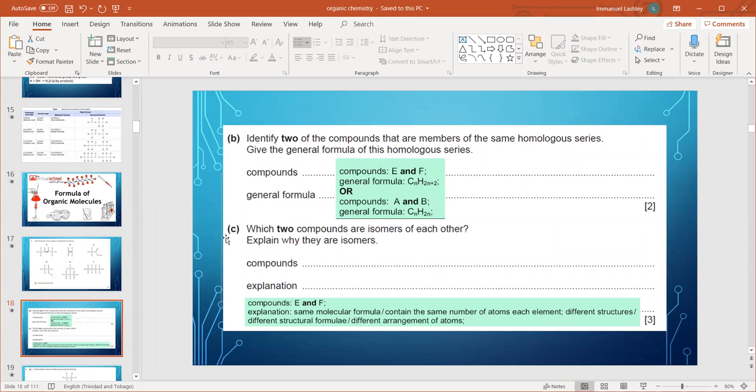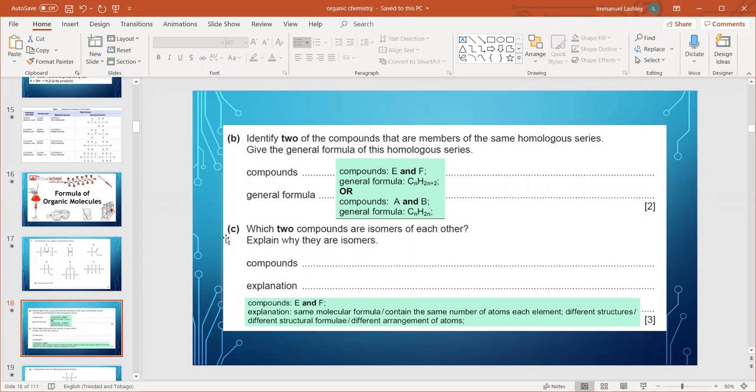Question part C: which two compounds are isomers of each other? Explain why they are isomers. Now, as we go further, we will come across what isomers are, but just to let you know, isomers have the same molecular formula.